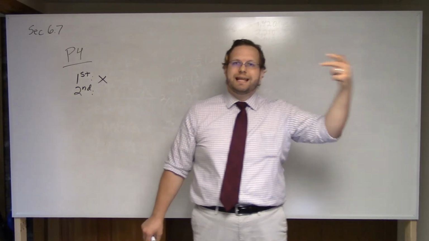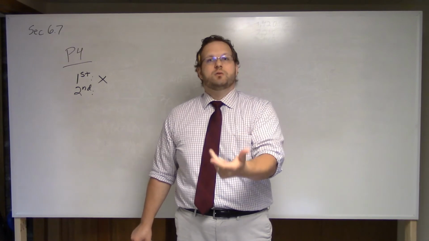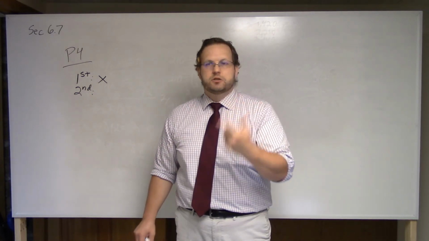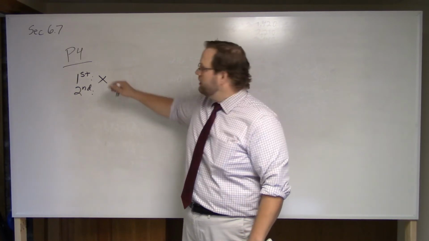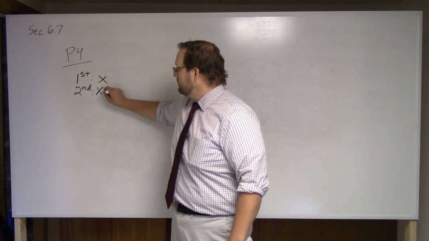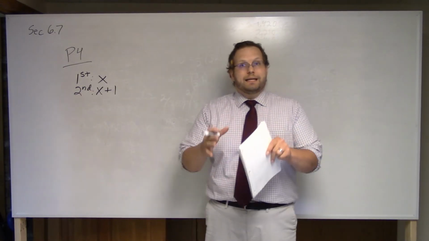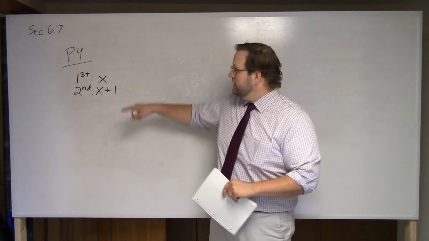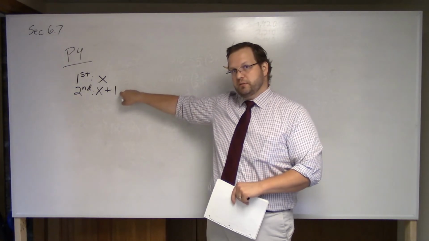If I started at 19, my next consecutive number would be 20. What am I doing to get from the first to the next one? I just add a 1. So if this first number is x, whatever that may be, the next one would be x plus 1. If you were looking for consecutive even numbers or integers, then it would be x plus 2. If it was consecutive odd, it would also be x plus 2.